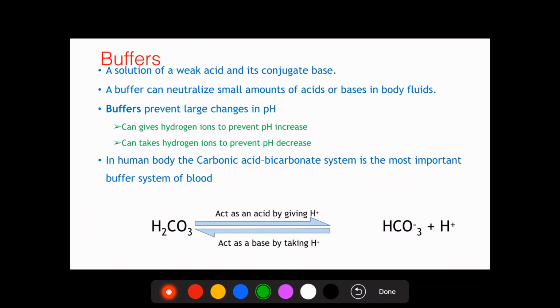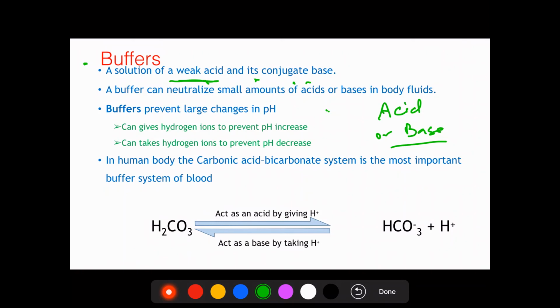Now, there are other types of solutions that can act as an acid or base at the same time. Usually these are weak acids or weak bases, and we call them buffers. It's a solution of a weak acid or weak base and its conjugate base or conjugate acid.